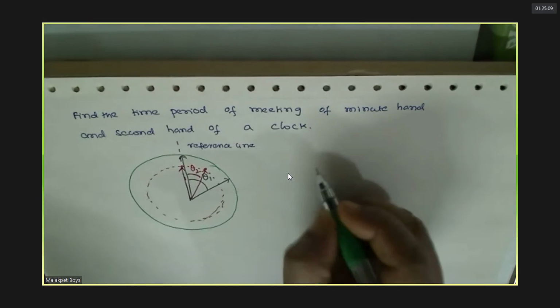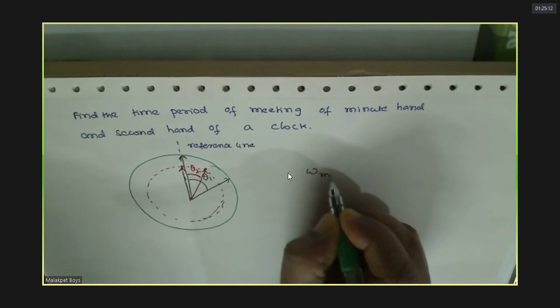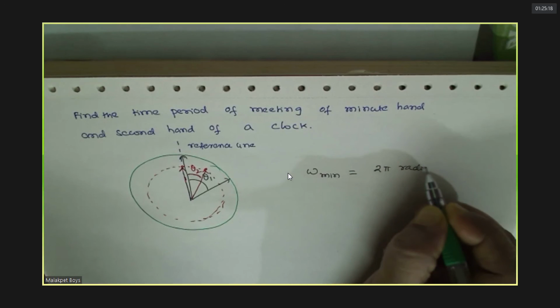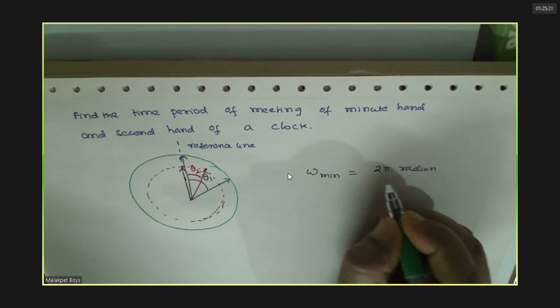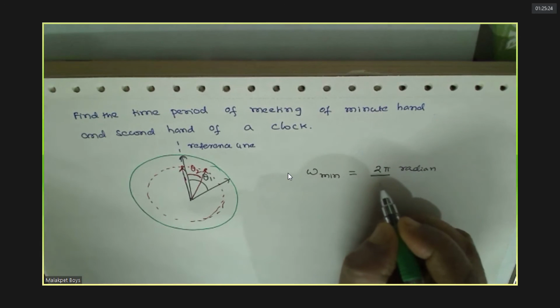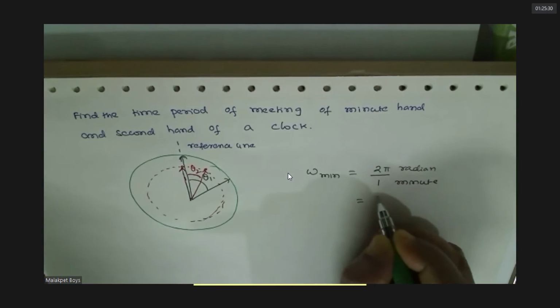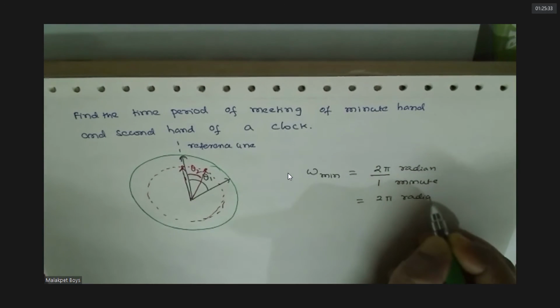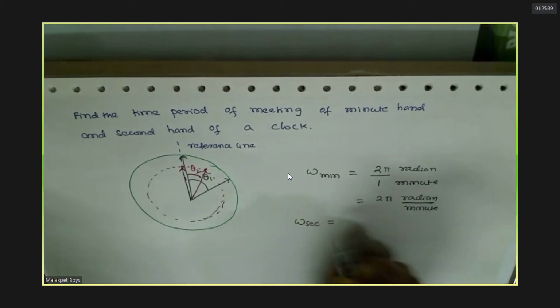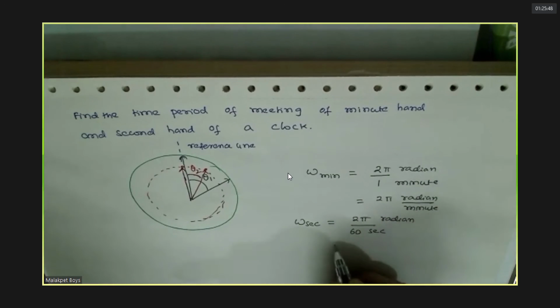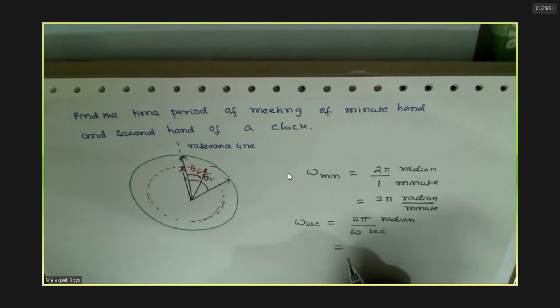Because for the minutes hand, the angle described is 2 pi radian in 60 minutes, or 1 hour. Whereas for the second hand, you have 2 pi radian. It describes in how many seconds? 60 seconds, no? Yes.